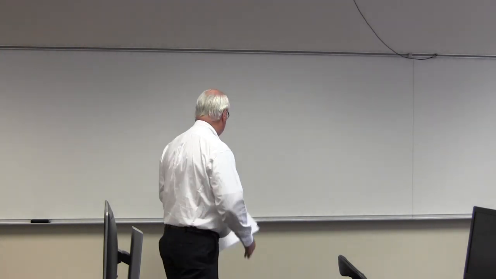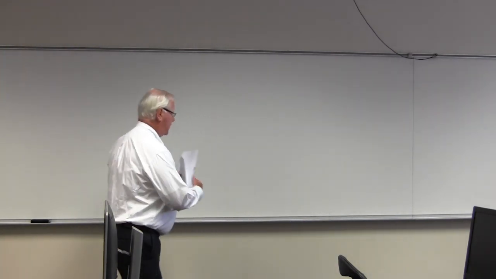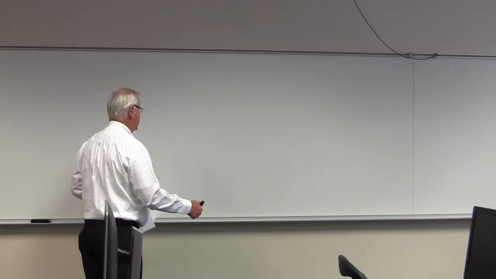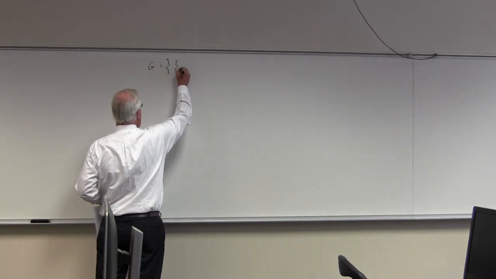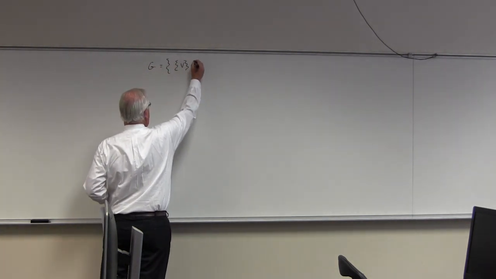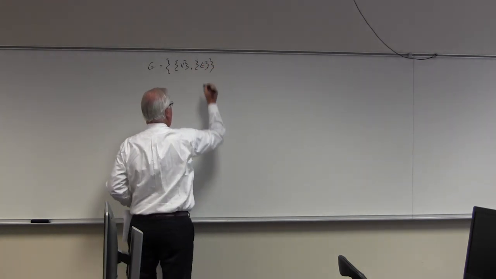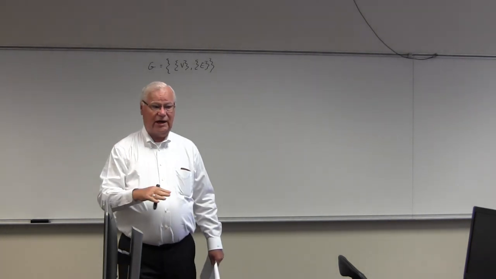We said last week that a graph is a set of two sets, which is the definition. So a graph is equal to a set of vertices and edges. And the vertices are the dots, and the edges are the lines connecting the dots.